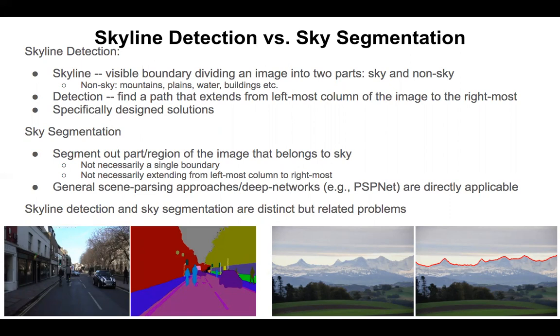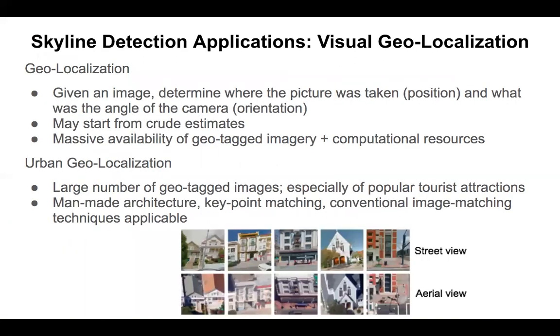There, the assumption is not that a path needs to extend from left to right, or that the boundary needs to be visible, or that the sky should be in just one region. There can be multiple regions of the sky. So these are two related but distinct problems, and one solution can be converted to the other and vice versa.